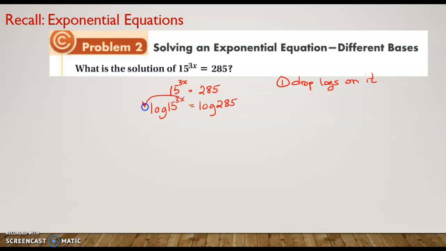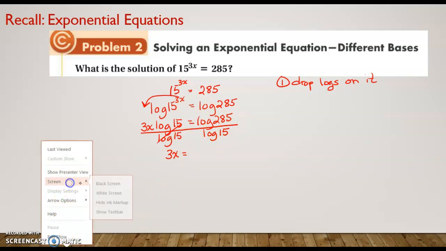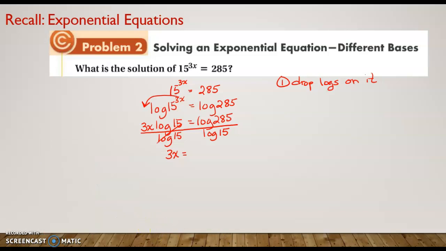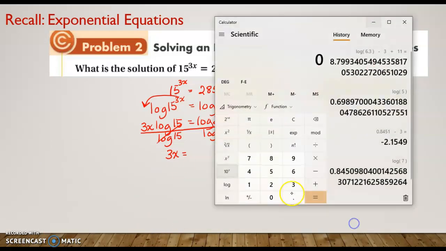This 3x will come out front, and you'll have 3x log of 15 equals log of 285. To get the x by itself, you're going to divide. A lot of people go ahead and divide by the 3 right here. I tend to leave it alone until I get it looking like a regular equation, and then divide that out. Log of 285 divided by log of 15.